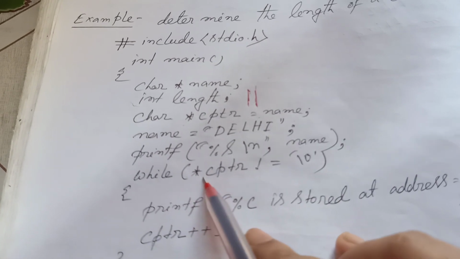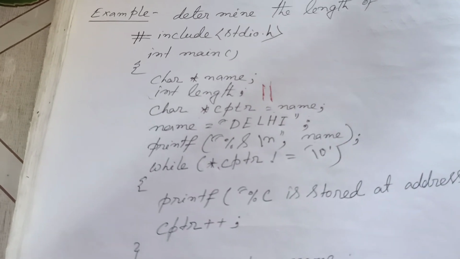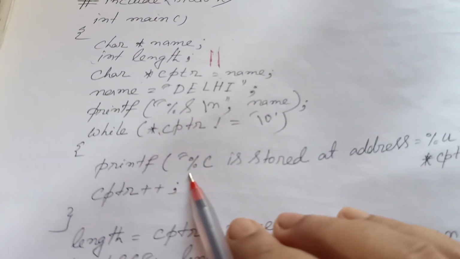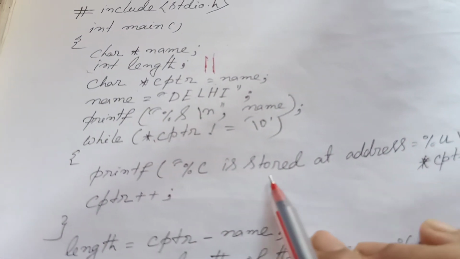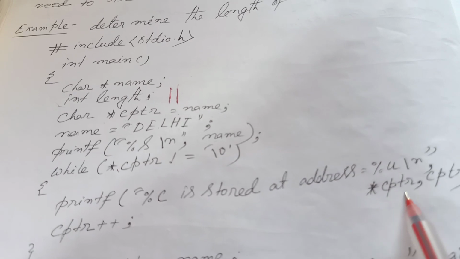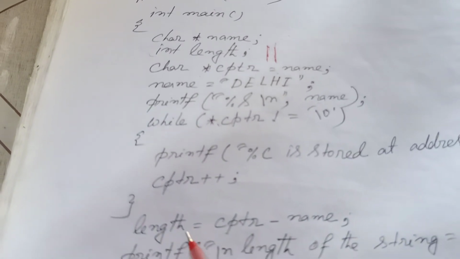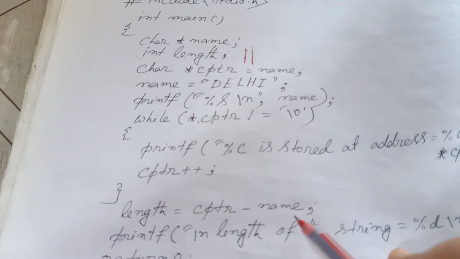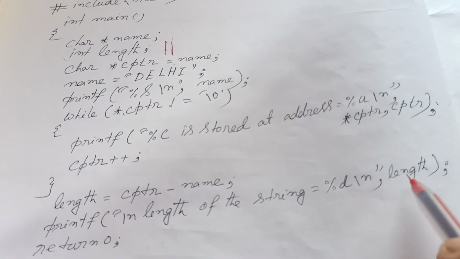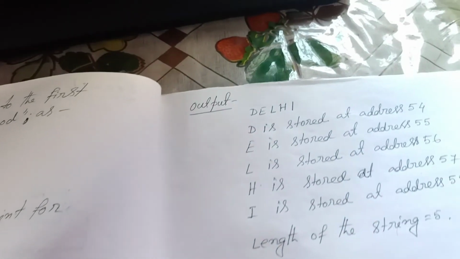While pointer cptr is not equal to null, until or unless it ends with null, print: %c is stored at address %u, comma cptr comma cptr, and cptr is incremented. So length = cptr minus name, and printf length of the string = %d of the length. Now return 0.